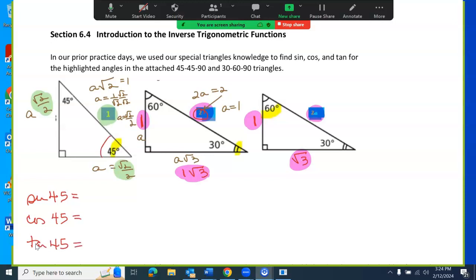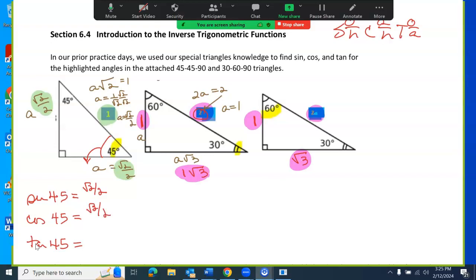So from 45's perspective, and knowing that everything pertains to SOHCAHTOA, the sine is opposite over hypotenuse, which is root 2 over 2 over 1. So I'm just going to write root 2 over 2 because putting it over 1 is not necessary. Okay, cosine, from cosine's perspective, I'm going to look here for adjacent, and that's also root 2 over 2, and the hypotenuse is 1 again.